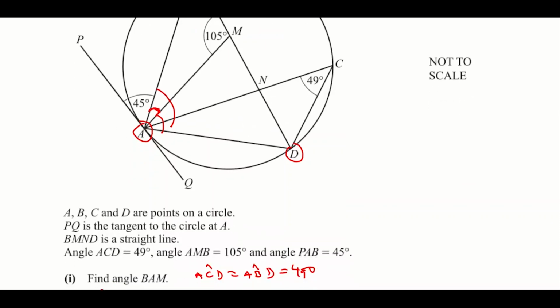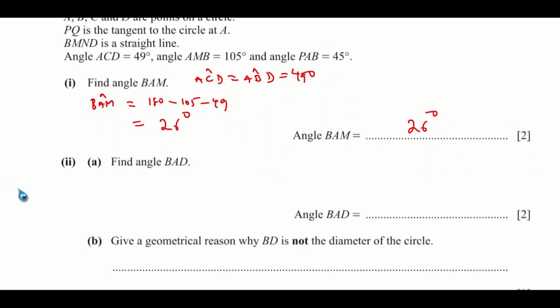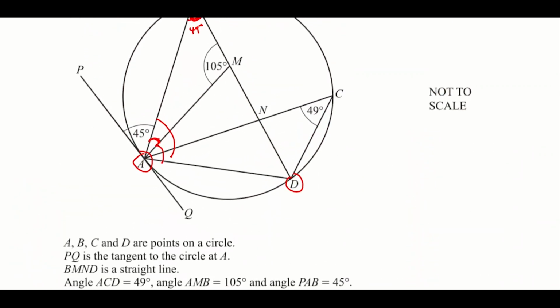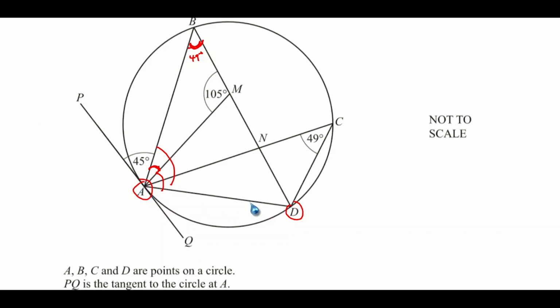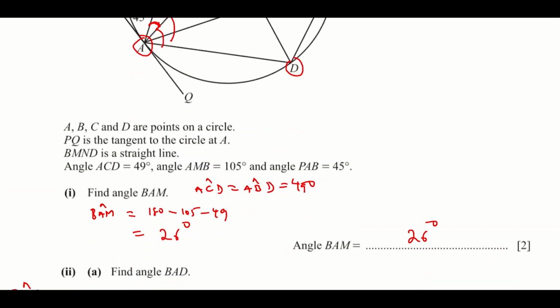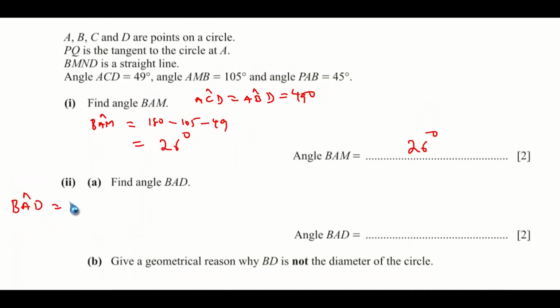So I think we can write it down here. Angle BAD, so it is our solution. BAD will be equal to BAM plus MAD, that is, BAM, this angle, plus MAD, or DAM, either one, they are both the same.